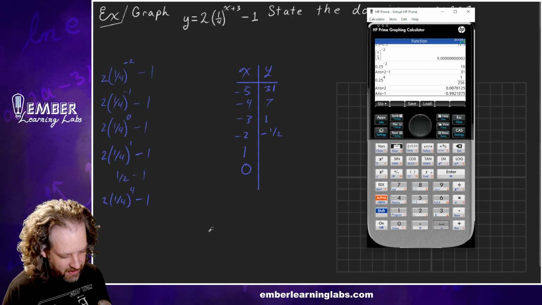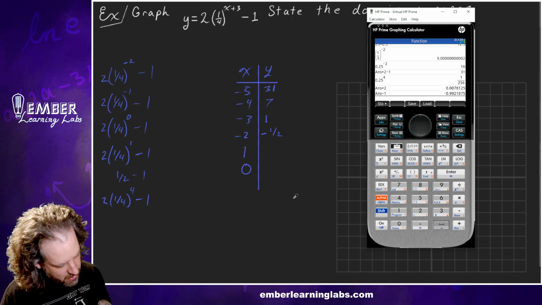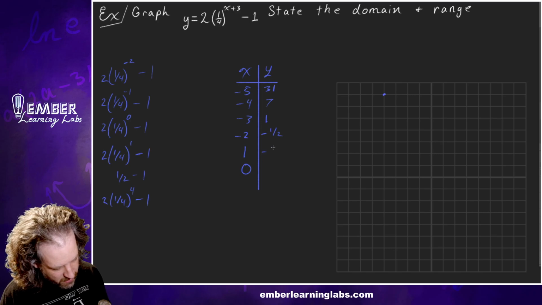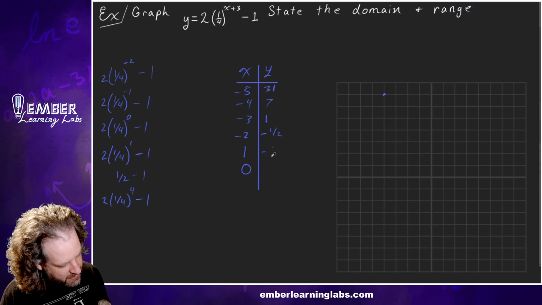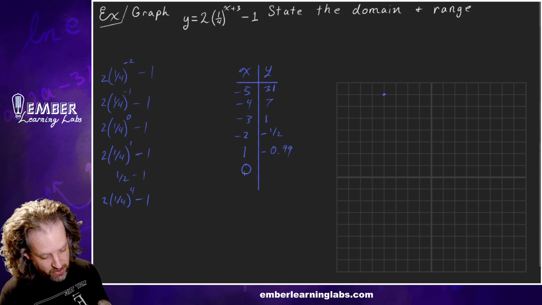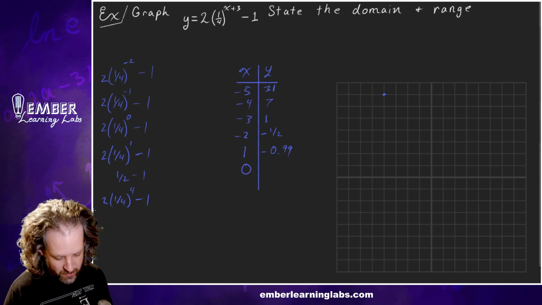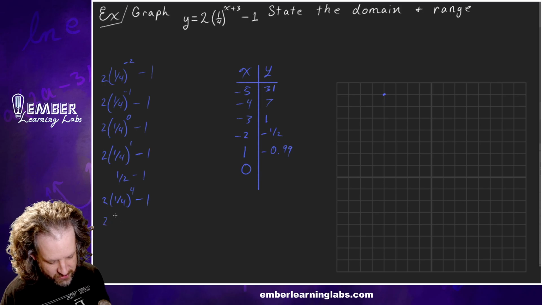So negative almost 1. Negative 0.99. Right, it's going to be even closer to negative 1, but just to prove that that's true.